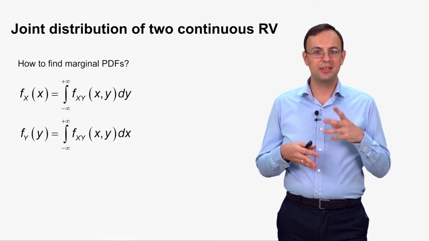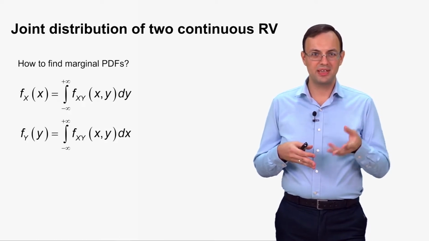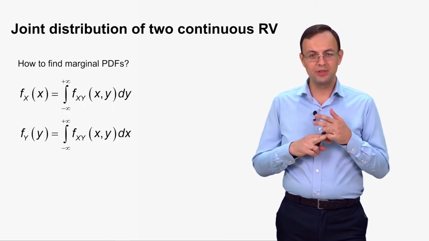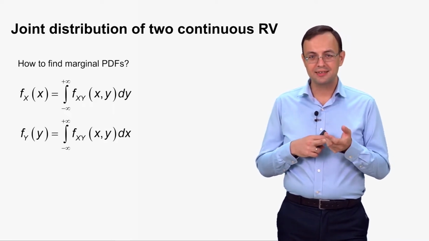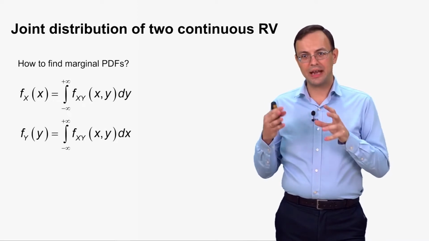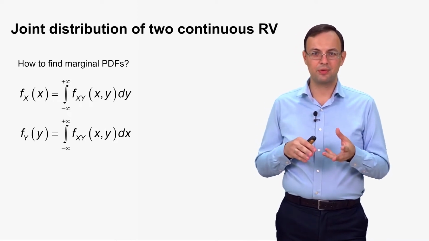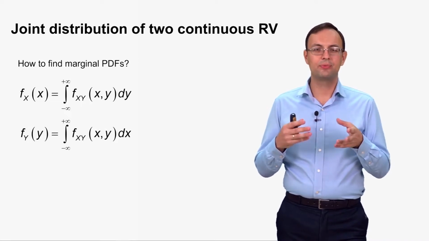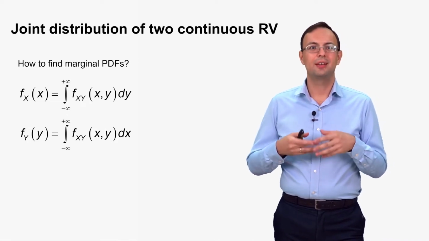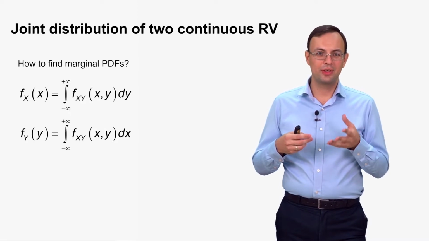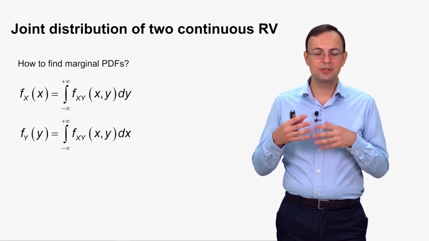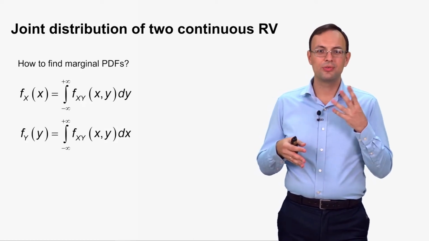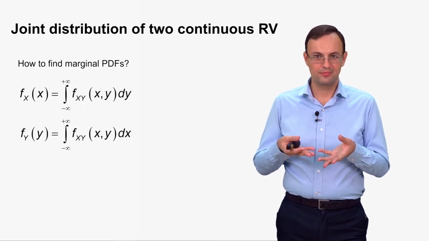You integrate the joint PDF over y if you need the marginal PDF of x, and over x if you need the marginal PDF of y. If the integral can be found in elementary functions, this problem can be solved.